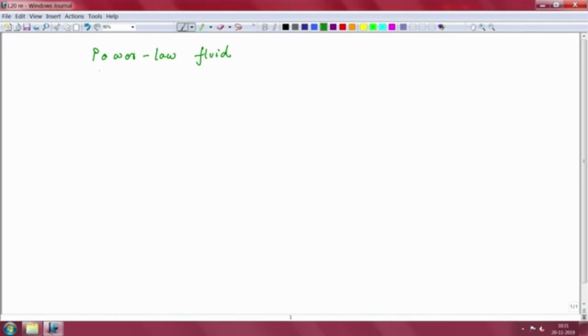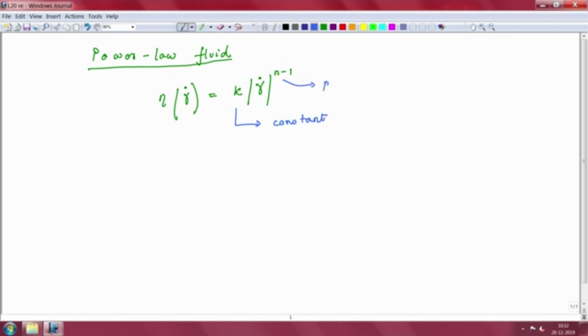Here your viscosity as a function of gamma dot is given by k times the absolute value of gamma dot raised to the power of n minus 1, where k is a constant and n is the power law index.